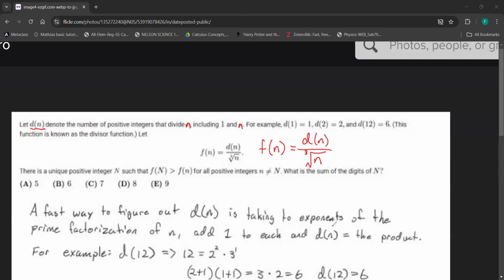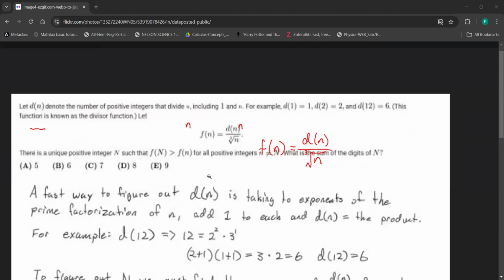And okay, I'm gonna give you guys a helping tip. A fast way to figure out what d of n is: you take the exponents of the prime factorization and you add one to each of the exponents. I'm taking it from the question here, right? D of 12 is equal to 6. How can you get 6 very quickly?